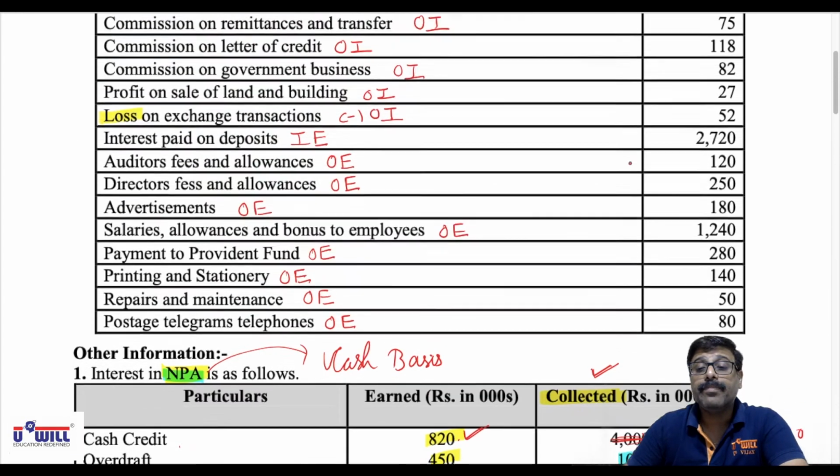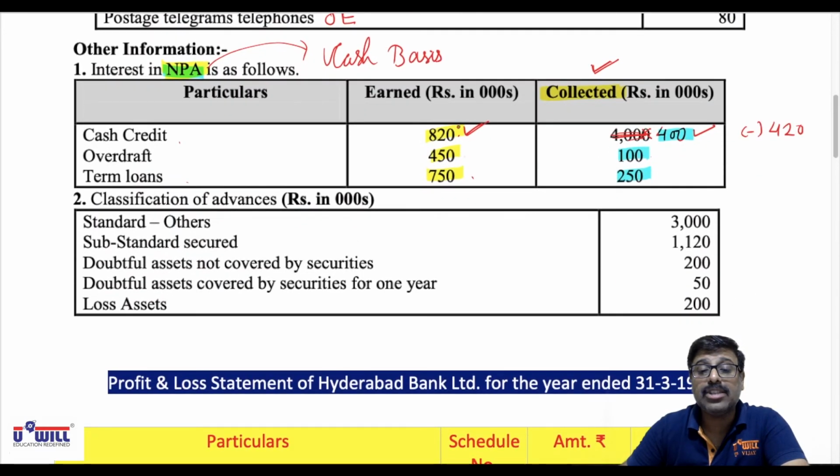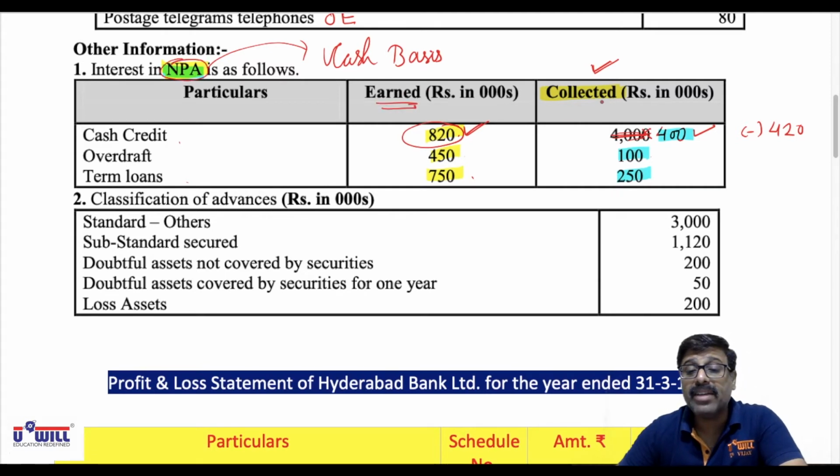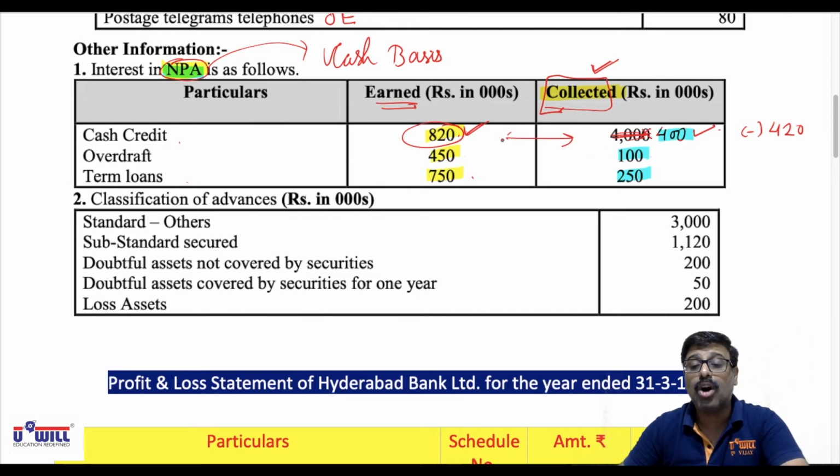I repeat, in 1820, 820 is already included as interest earned. But because it is a non-performing asset, we should have included only interest collected. So 820 is included, but we should have included only 400. How much more have we included? The difference of 420. That extra amount included, now we will minus.